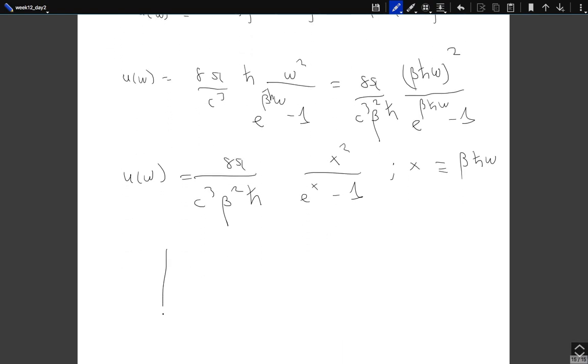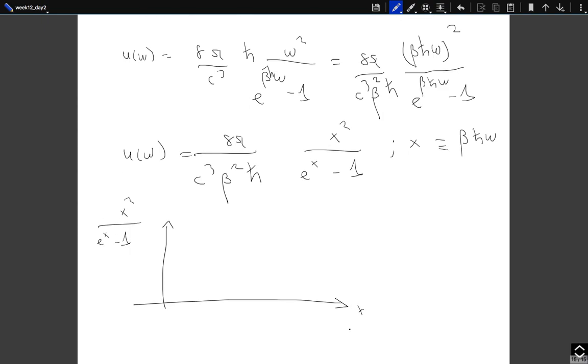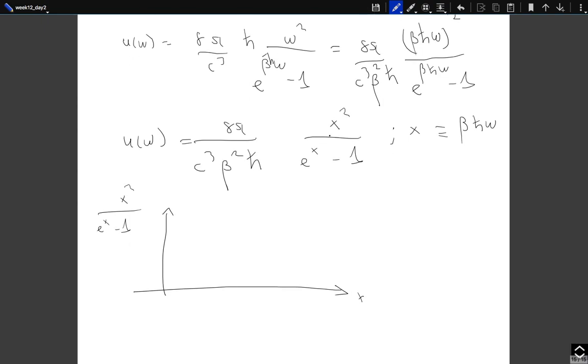Now if you would plot that function as a function of x, well, at small x, you see e to the power x, I can just make an expansion.